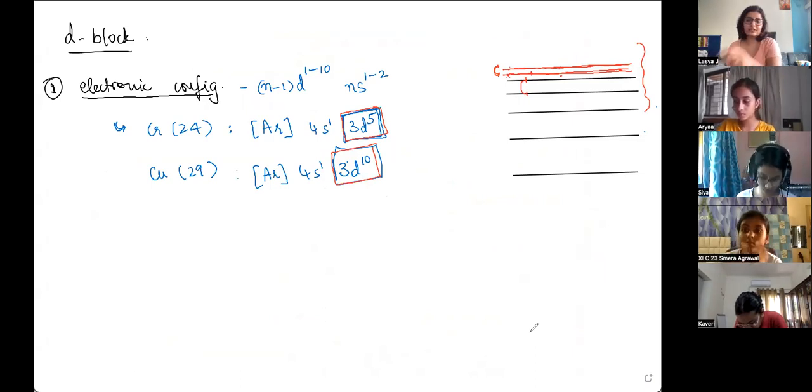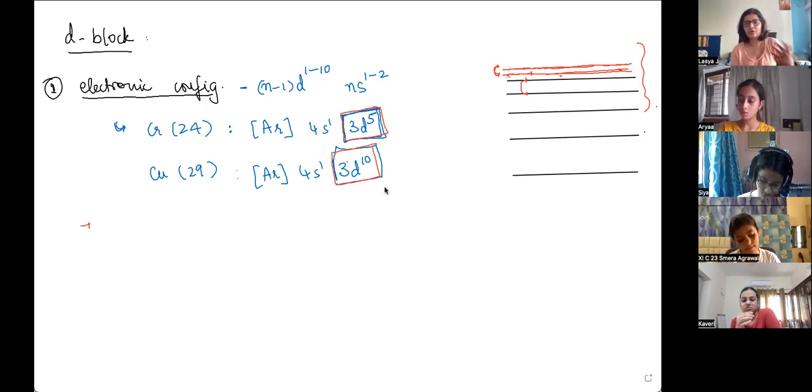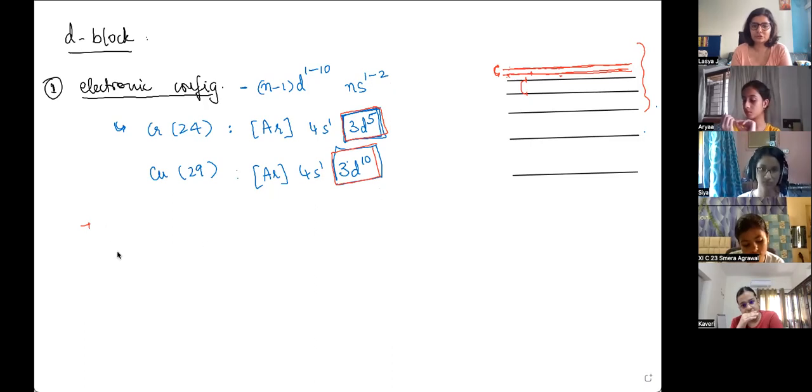Another consequence of electronic configuration: d block elements, because 4s is either 1 or 2, all of the elements except for 1 or 2 of them show a +2 oxidation state.